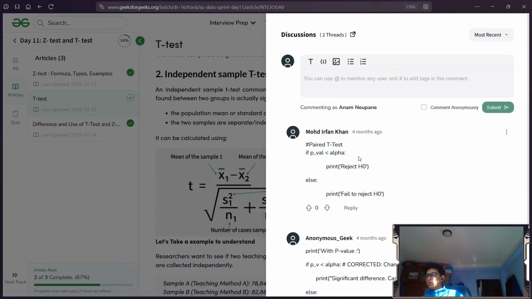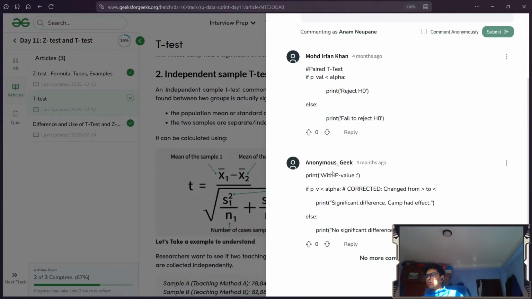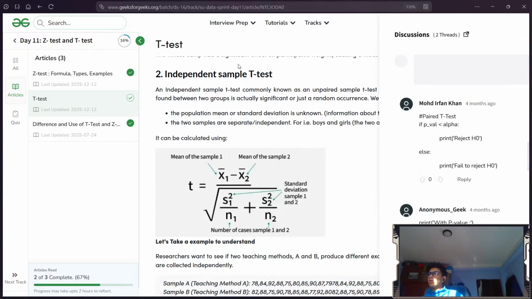If p value is smaller than alpha, reject. Yes, okay, good. Okay, this is correct.